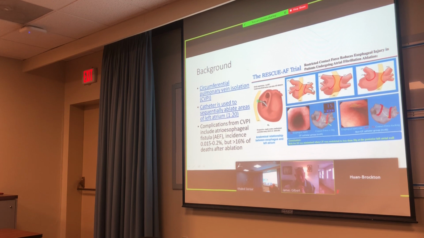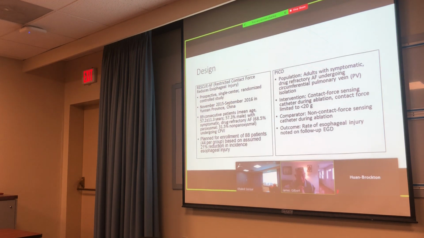So you can see how it would be fairly easy to poke through that or cause an injury to the esophagus. And these pictures down here, and I have a couple more of them later, are examples of the thermal injuries that occur afterwards. And actually all of the patients in the study got EGDs afterwards to assess for these thermal injuries.